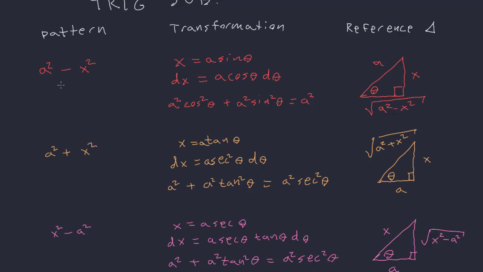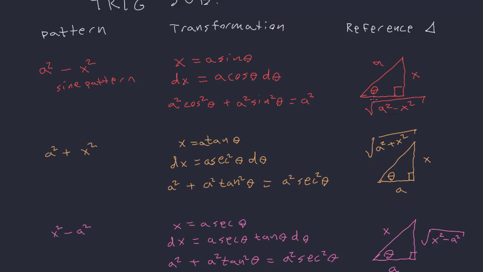Like before, I said that a squared minus x squared is a sine pattern. In this case, we've already seen the examples of this. So say x equals a sine theta, and then that makes dx equal to a cosine theta d theta, right? And the Pythagorean identity we use is our normal one, but I just multiply it through by a squared. That just saves us some steps.